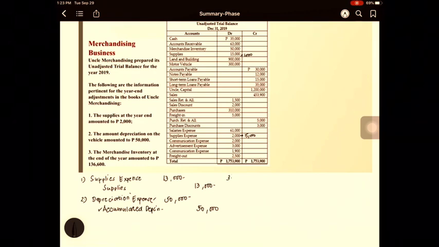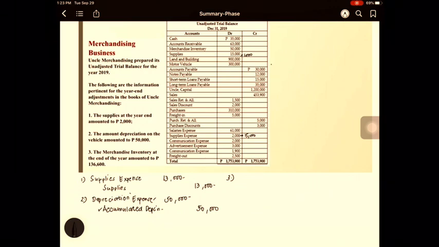And lastly, we were told in this problem that the amount of the inventory at the end of the period is 136,600. Take note, when we discussed a while back how to compute for the cost of goods sold, your merchandise inventory beginning, I told you where to get its value, right?